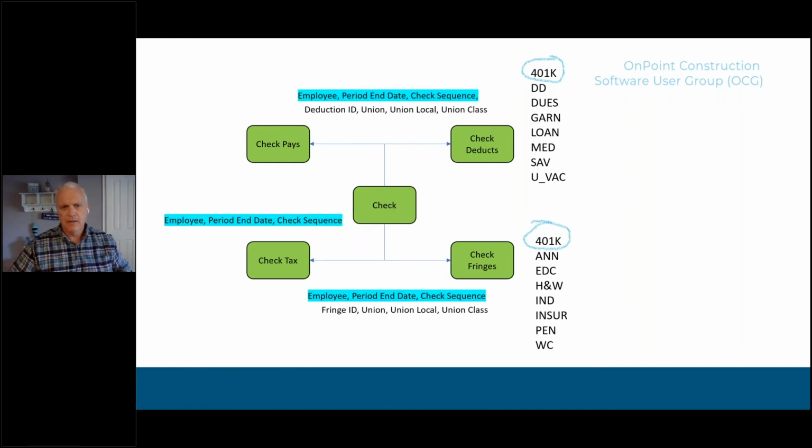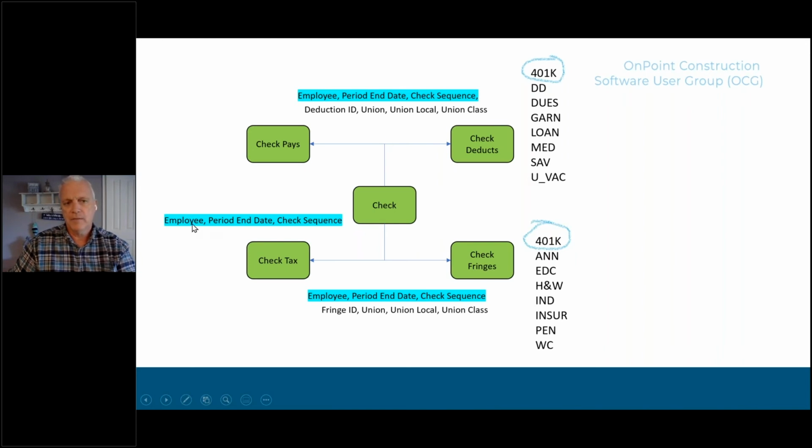All right. I'm going to go to the next slide. Well, I color coded this. Part of the key to the check deduct is the key to the check. So when I've got the check on the report, I go over to this other table to get the 401k. I can say, look at that table with all this stuff in it for all these deductions for all the checks.